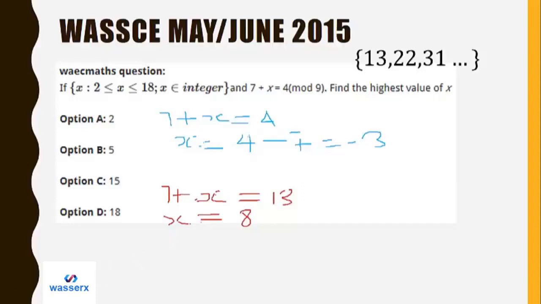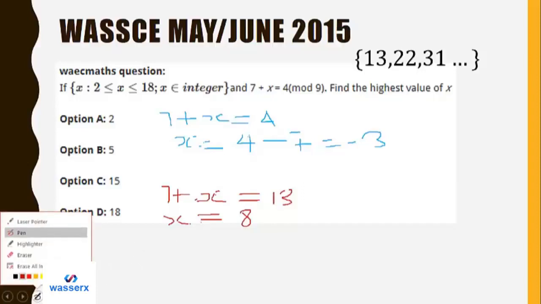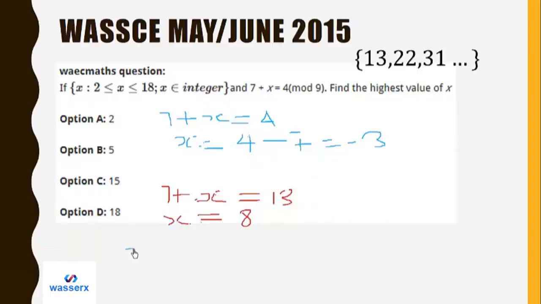We have 7 plus x being equal to the next value whose mod 9 also gives us 4, which is 22. Now when we solve this, we are going to get x equal to 22 minus 7, which is 15.